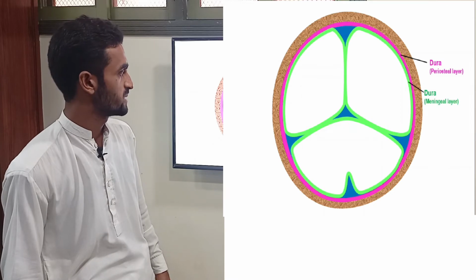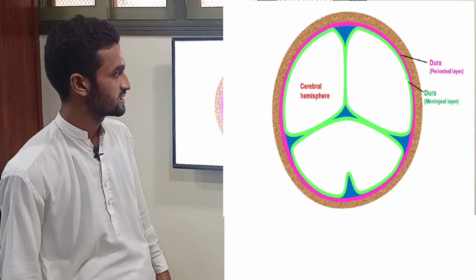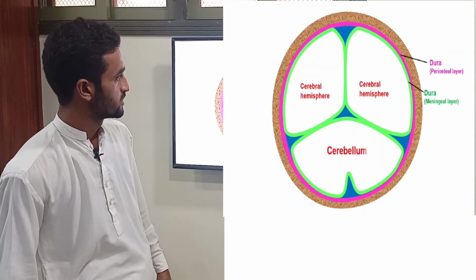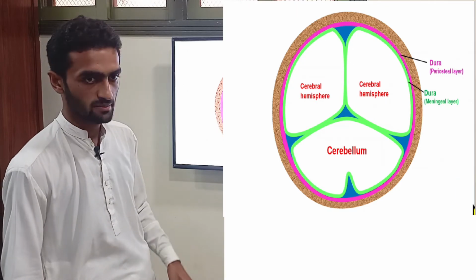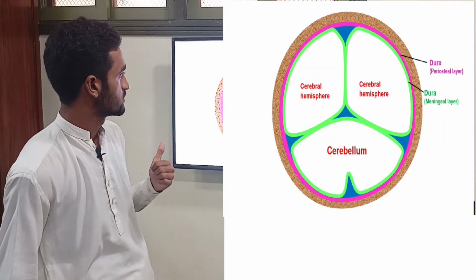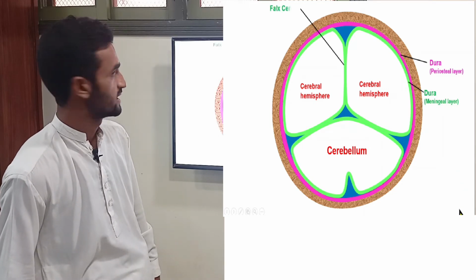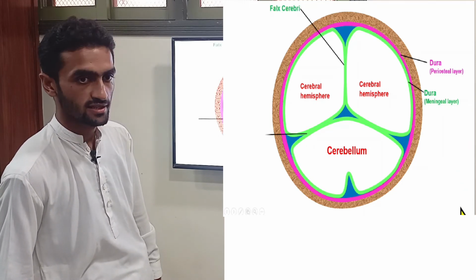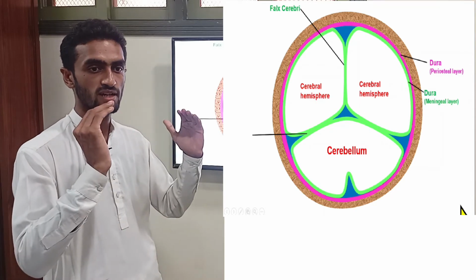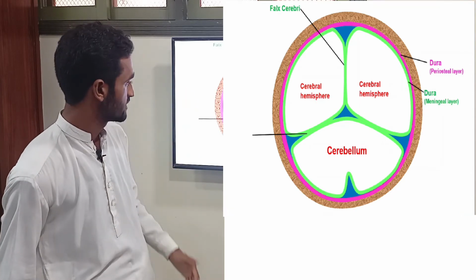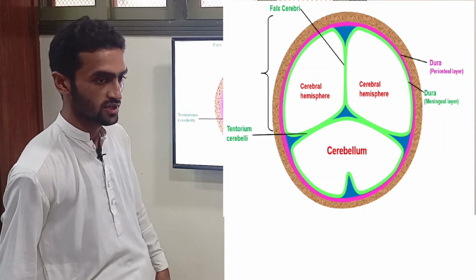Here is your dura mater, here is your cerebral hemisphere, and here is the cerebellum. What is this fold? My request, answer this fold. This is the falx cerebri. And here, between the cerebellum and the cerebrum, the tentorium. Very good, the tentorium cerebelli.